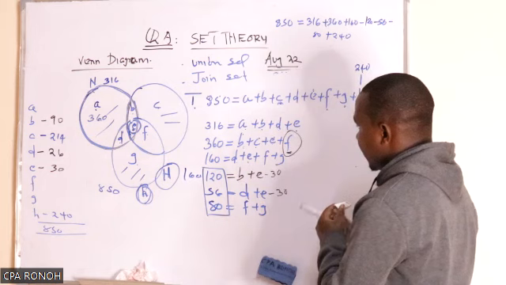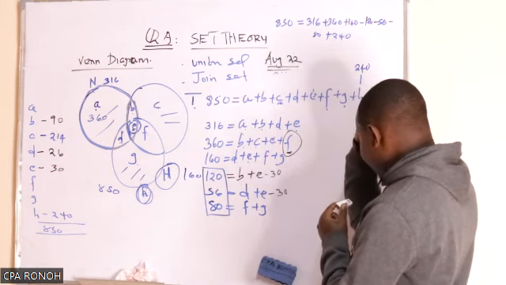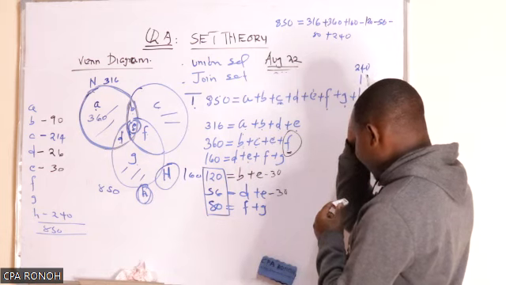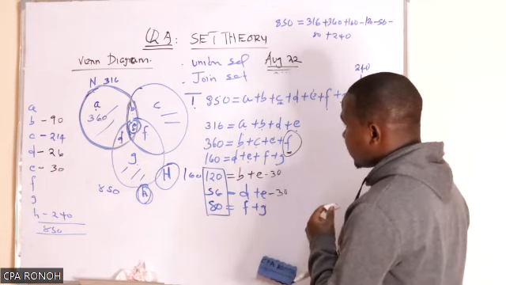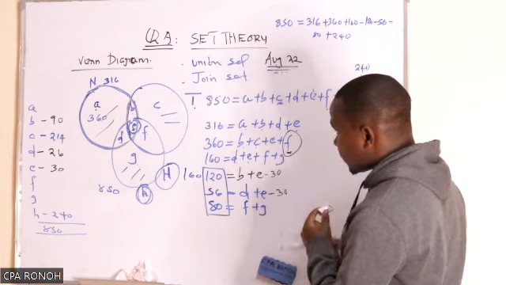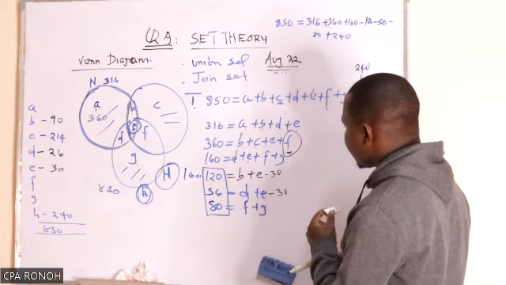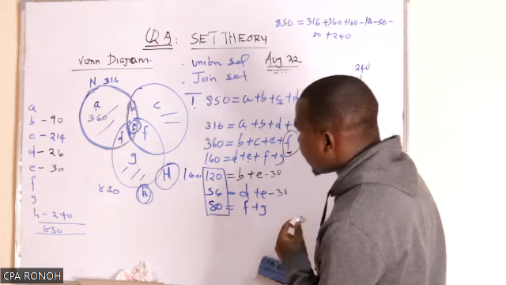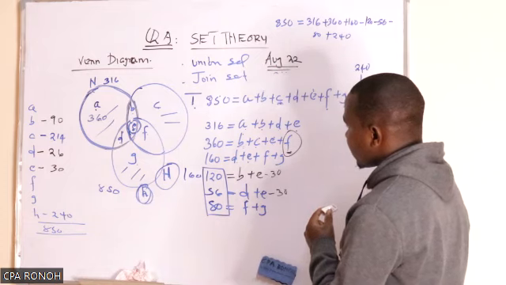F is 360 minus B, which is 90, minus C, which is 214, minus E, 30. That gives us 26.